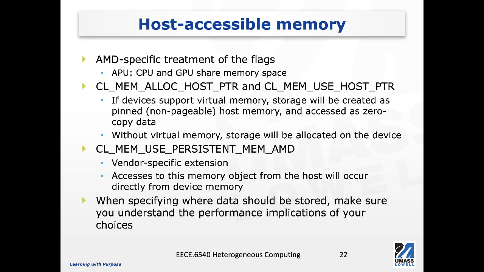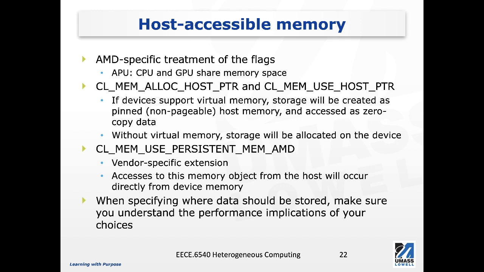Host accessible memory has a very interesting implication. Let's say, for example, AMD specific treatment of these flags. They leverage APUs, which are a tightly integrated CPU and GPU architecture. These two processors share memory space.